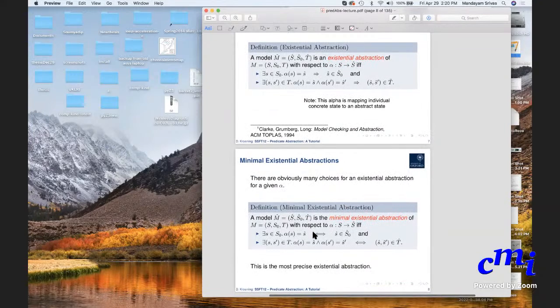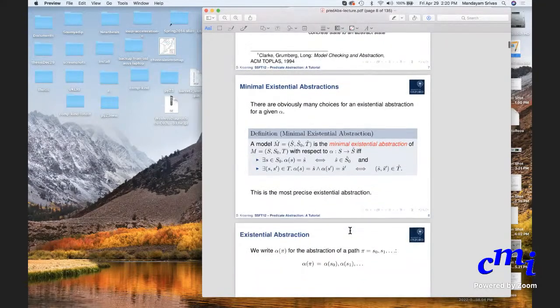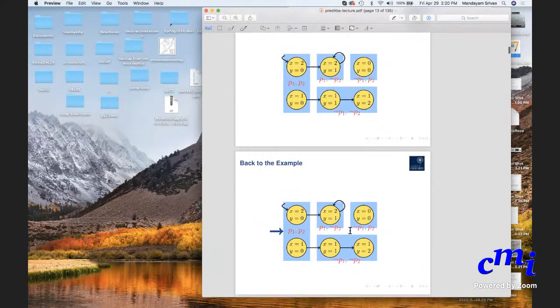But the one which adds the minimal number of states into the initial states of the abstract model, and the minimal number of transitions as required by this constraint, is considered the minimal existential abstraction. And that's what I was illustrating.